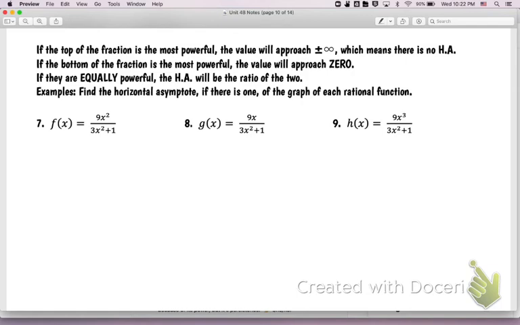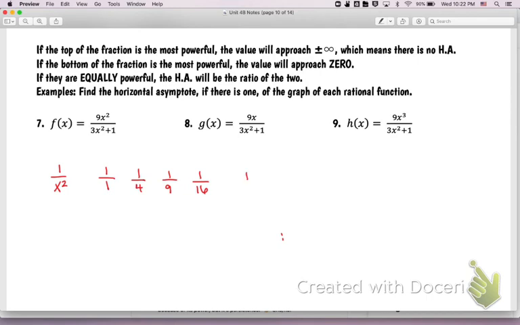If the bottom of the fraction is more powerful, then the value will approach 0. Let's just think about like 1 over x squared, for example. Okay, the top is a constant, so the bottom here is definitely more powerful. If I start plugging in numbers, 1 over 1 squared, 1 over 2 squared, 1 over 3 squared, 1 over 4 squared, the bigger the denominator of the fraction, the smaller its value becomes.